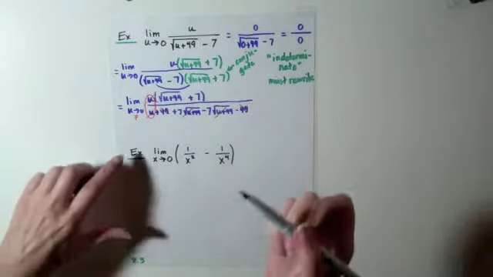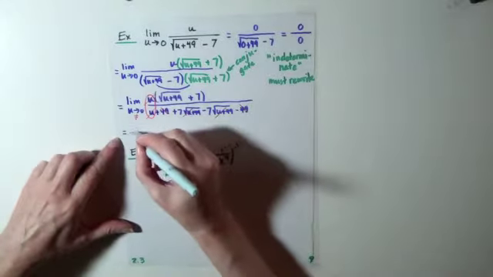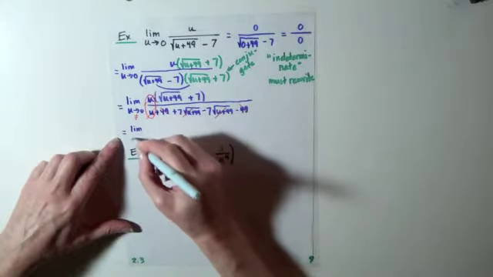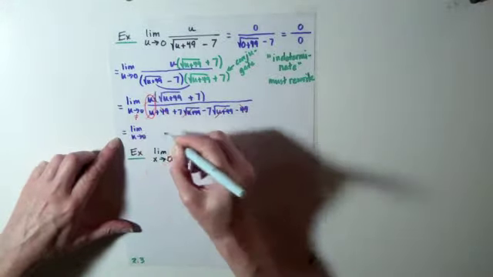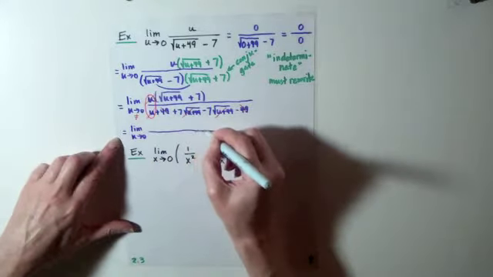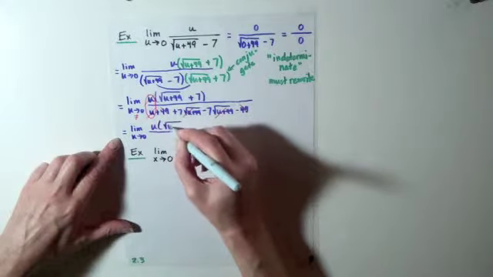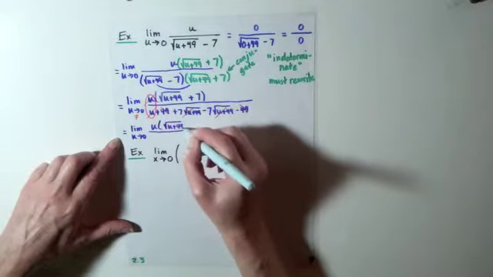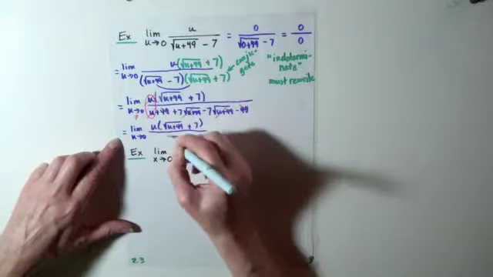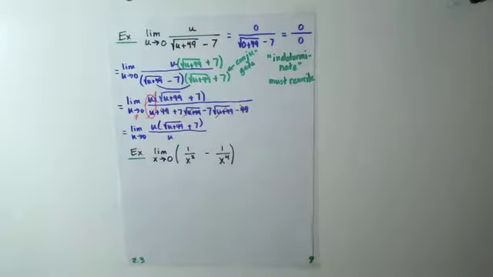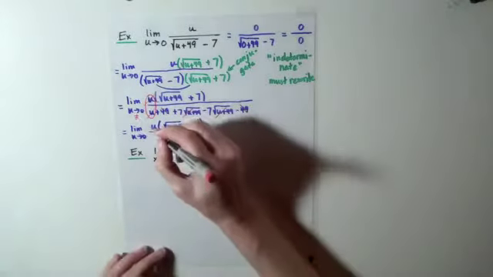So what will I ultimately be left with? I'll be left with limit as u goes to 0. I'm going to write that step before I cancel these u's of u times square root of u plus 49 plus 7 over the u that's left in the denominator. Now we're allowed to cancel those u's.